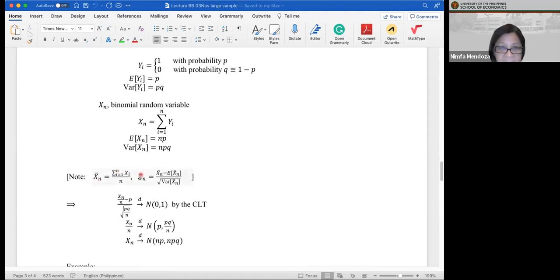C sub n is the standardized random variable. We subtracted the mean and divided by the square root of the variance. So from the central limit theorem, x sub n divided by n minus p, divided by square root of pq over n, would converge in distribution to the standard normal distribution.